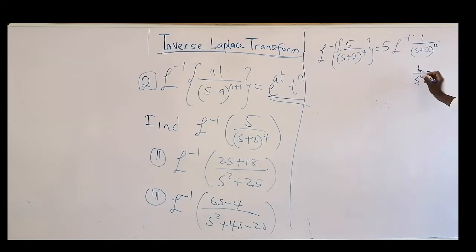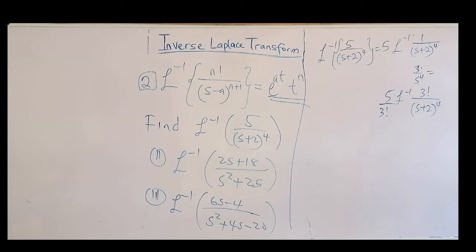So that will be equal to 5 times the inverse of 3 factorial brought in over x plus 2 to the power 4, and then this 3 factorial introduced there will be removed outside.